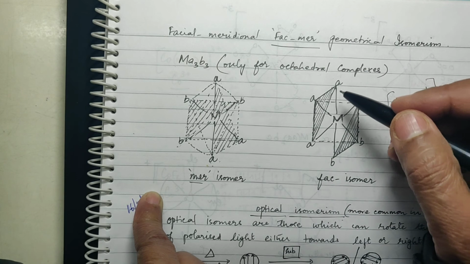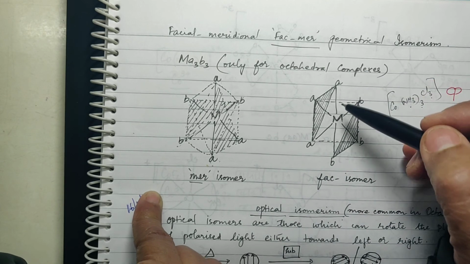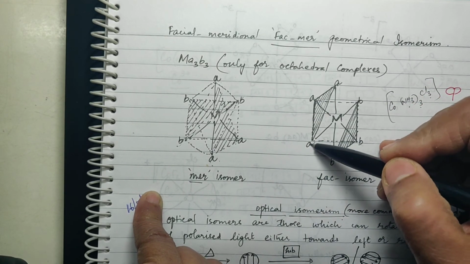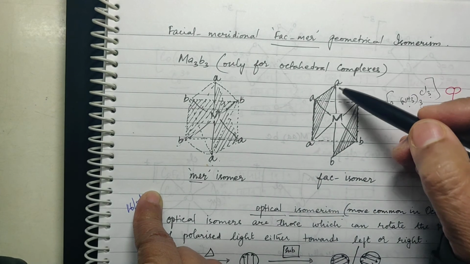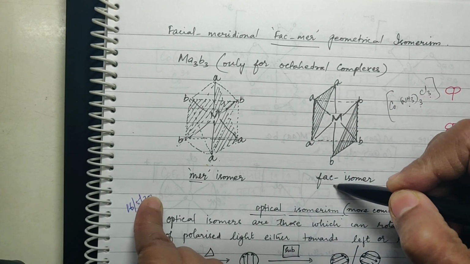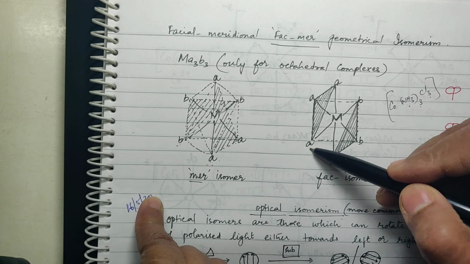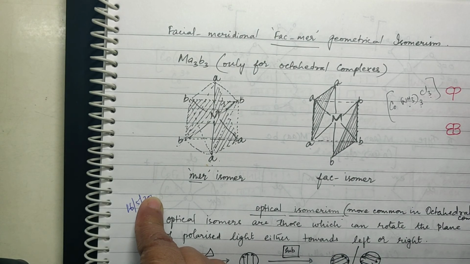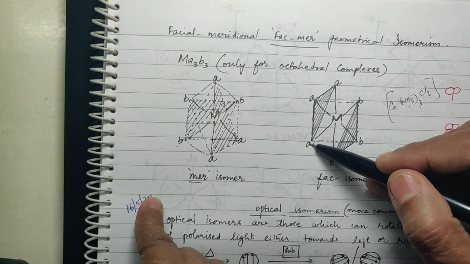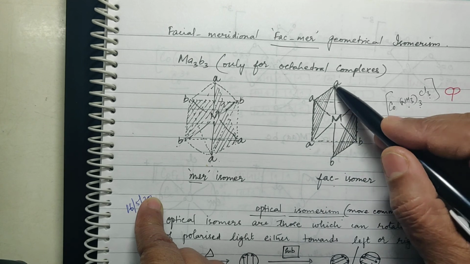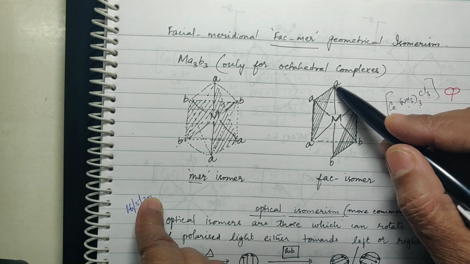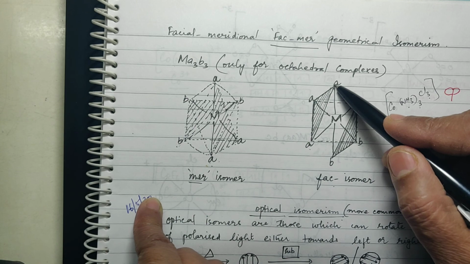Now when you have an octahedron, and when the same type of ligands are occupying the corners of a single face, then it is called the facial isomer, like 1, 2, 3. These three corners, they are attached to the center at the top.